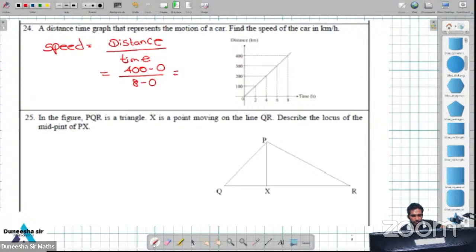Get the answer. Did you get it? What is 400 divided by 8? 50 kilometers per hour.